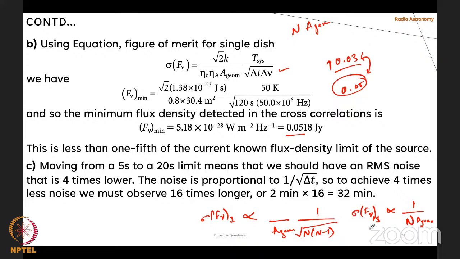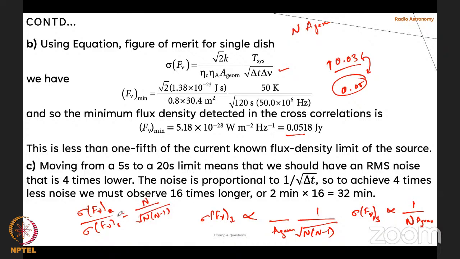Now if you take the ratio of this, sigma f nu I to sigma f nu S, what you will get is root over n over n minus 1.